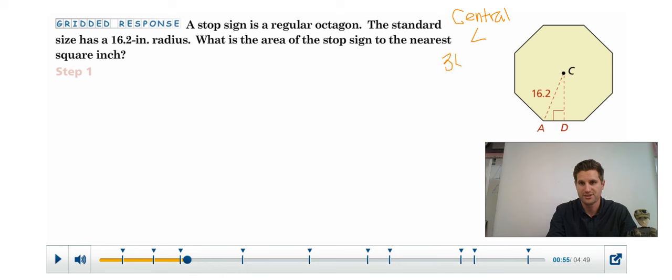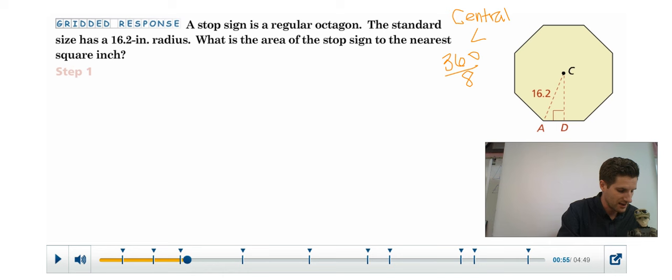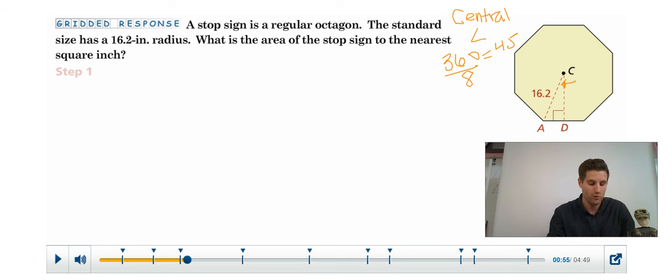And we get 360 this time divided by 8, and that gives me 45. But we want to cut that in half, and we're going to get half of that right in there, and that's going to be 22.5. Okay, so let's draw this triangle out.